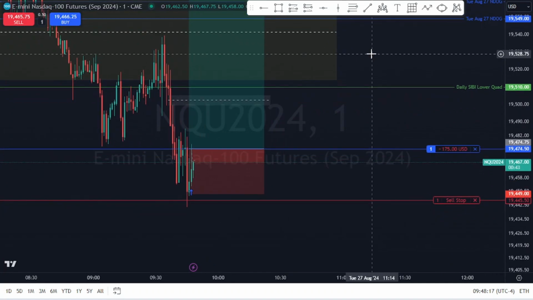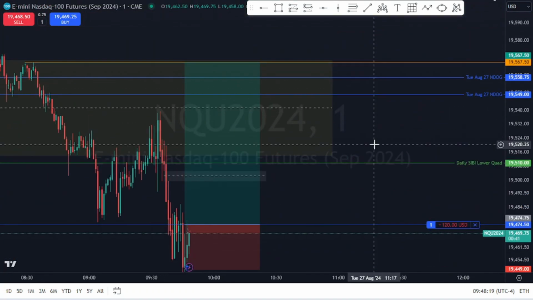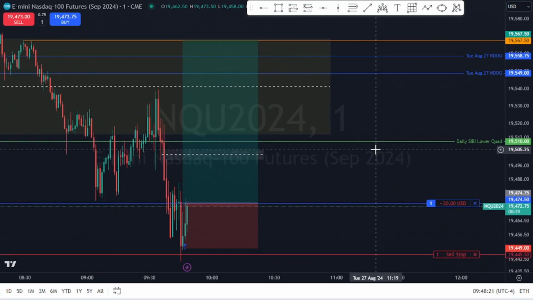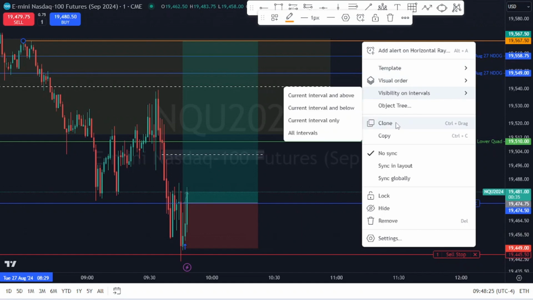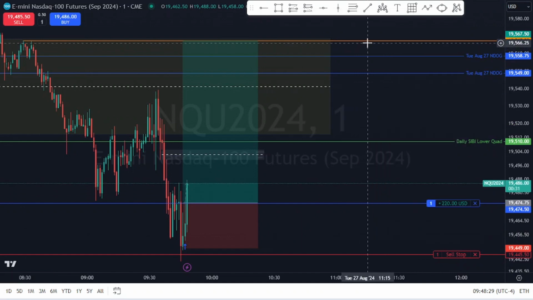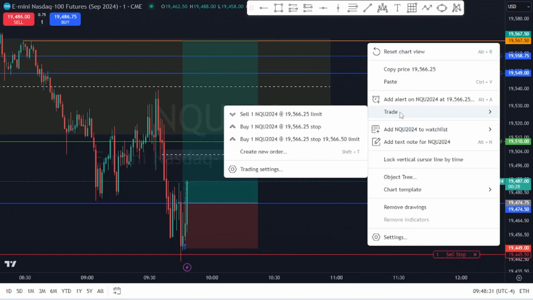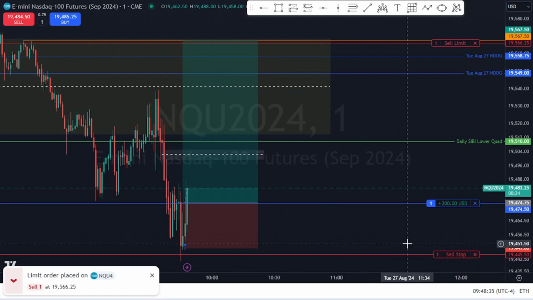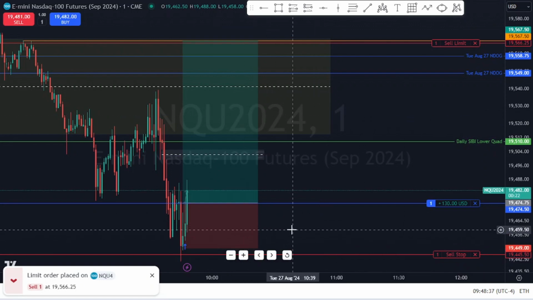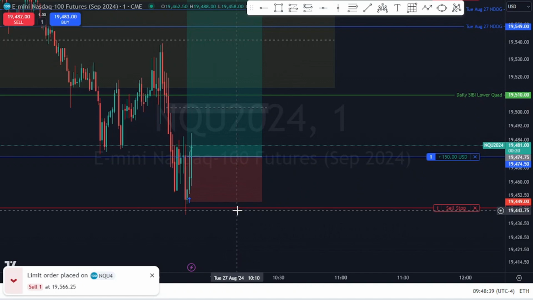So here you can see that I entered the trade on the premise that we've already swept sell side. So I'm expecting buy side to be taken and there wasn't any clear draw lower. And the moment it took sell side, I waited for my entry model. I was so patient. If it took sell side and then just reversed to buy side, I would have completely missed the trade.